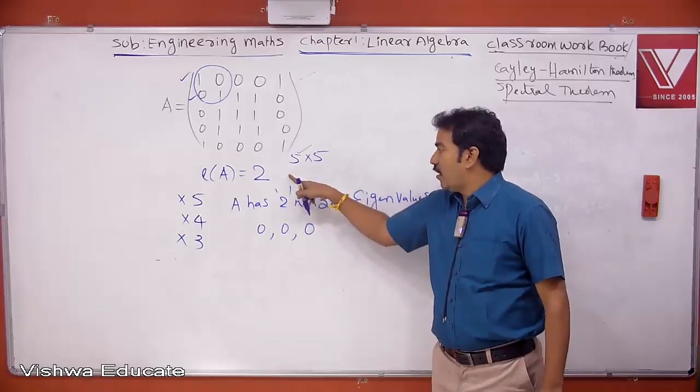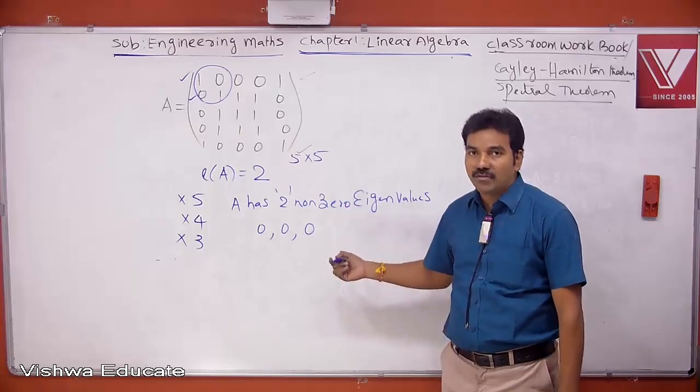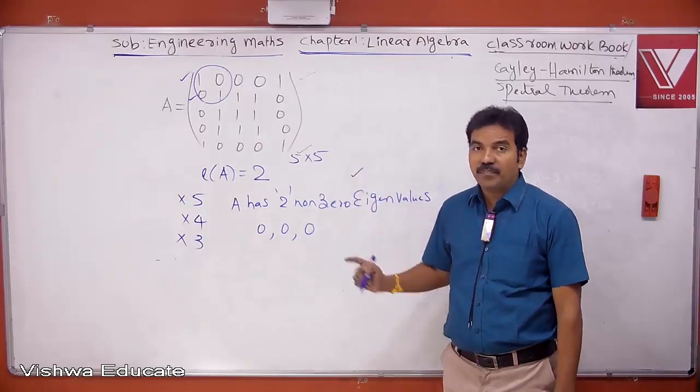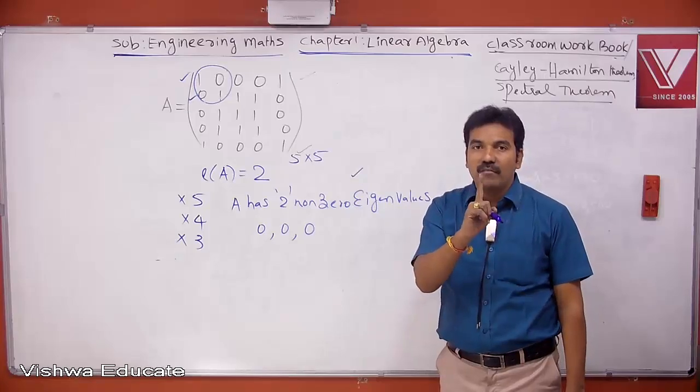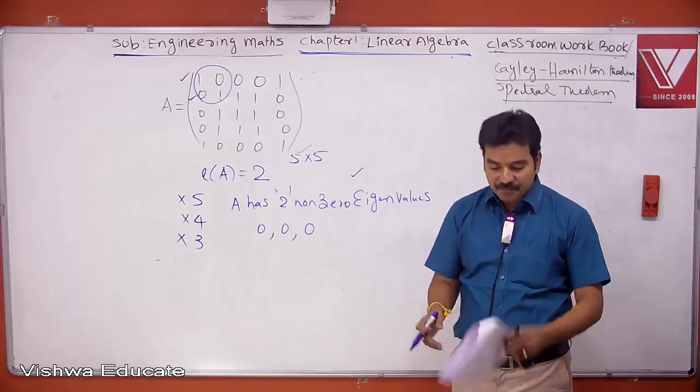Since rank of A is 2, A has exactly 2 non-zero eigenvalues. Now, let me find out at least one of the non-zero eigenvalues. If I am able to get one non-zero eigenvalue, finding the remaining non-zero eigenvalue is a simple task.